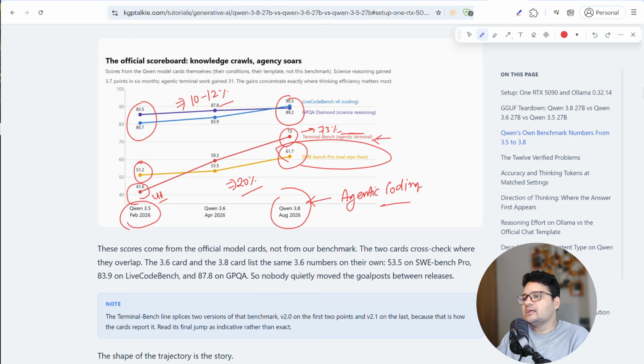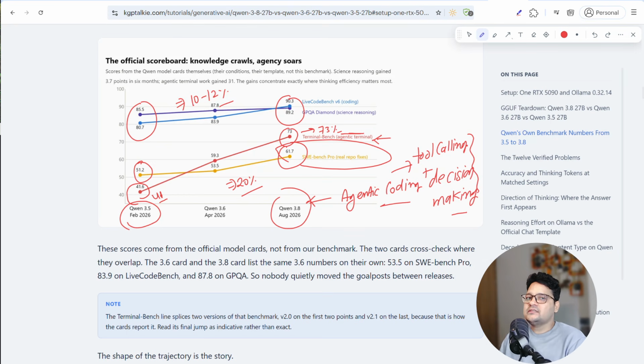Now, if a question comes here related to agentic coding, that means this particular model is really good in tool calling. All right. Tool calling plus decision making. Remember these two phrases, tool calling and decision making.